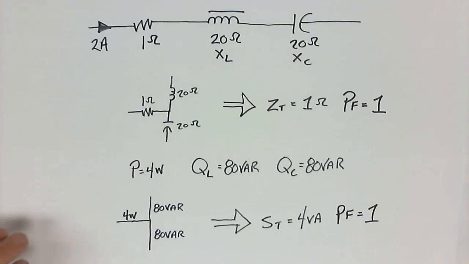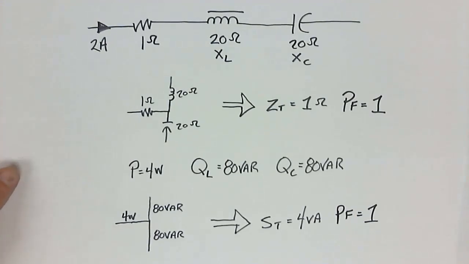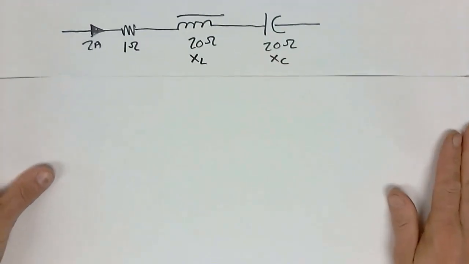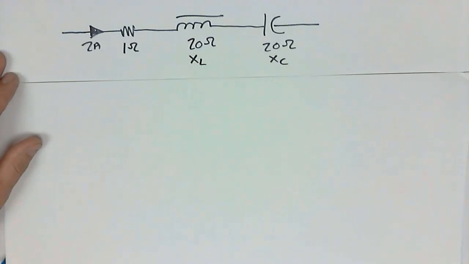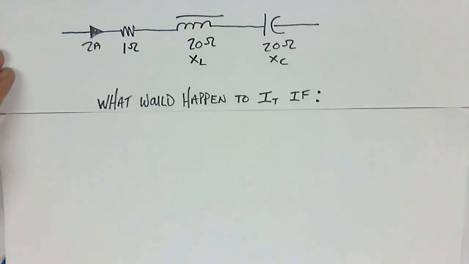Now, to get the full effect of what's going to happen in this circuit, let's take this particular circuit and just add some basic questions. So here it is again: 1 ohm resistor, 20 ohm XL pure inductor, 20 ohm capacitor, 2 amps worth of current flow.